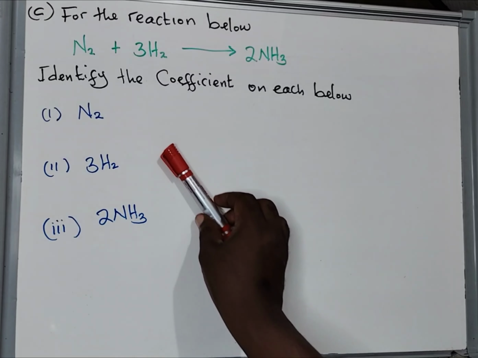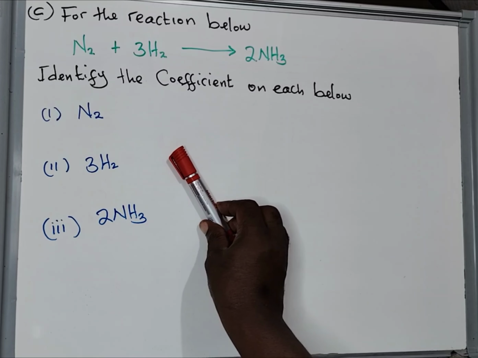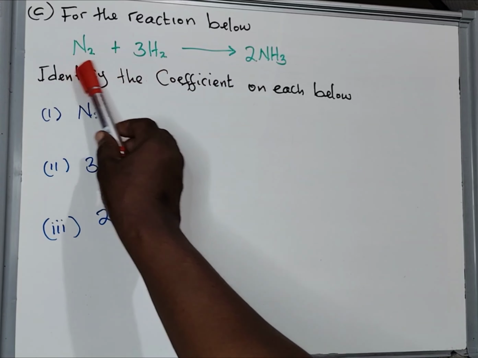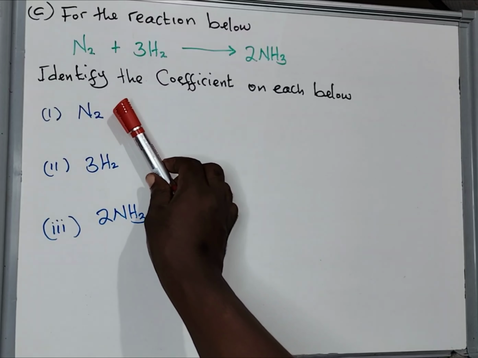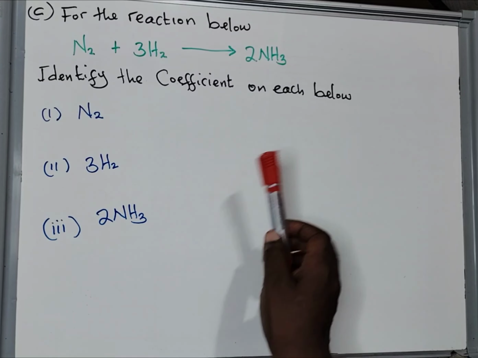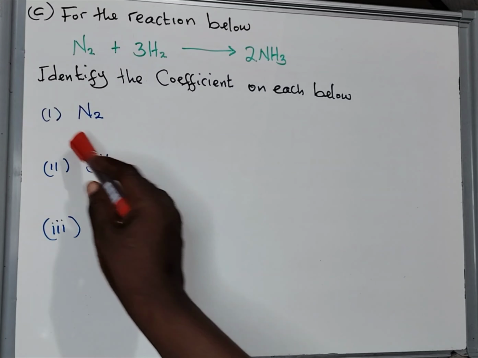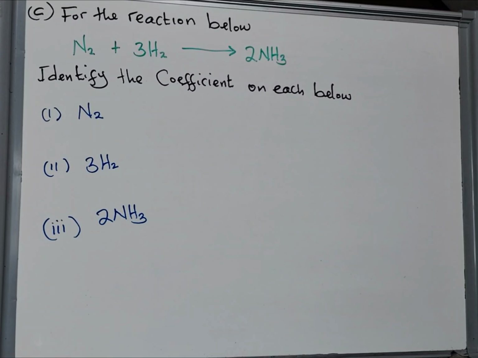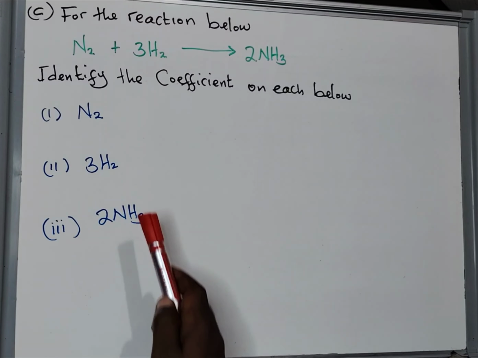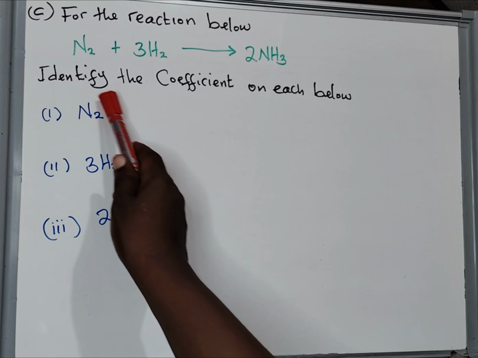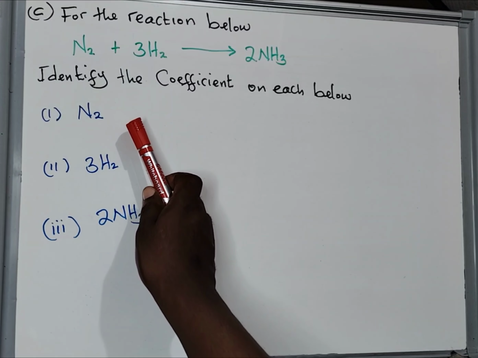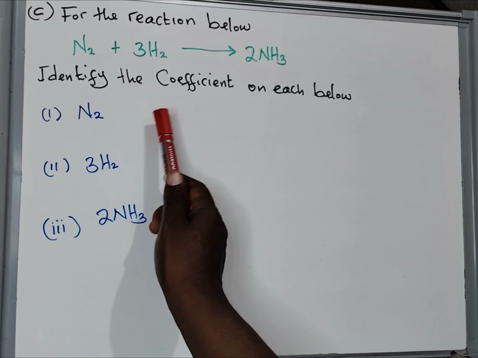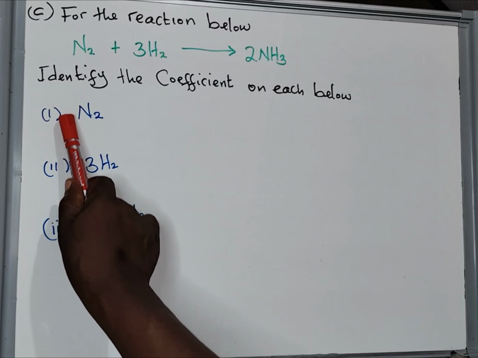Yes. Then we come to this question. It says that for the reaction below, this is the reaction. Identify the coefficient on each below. What is the coefficient on nitrogen? Coefficient means the number in front.